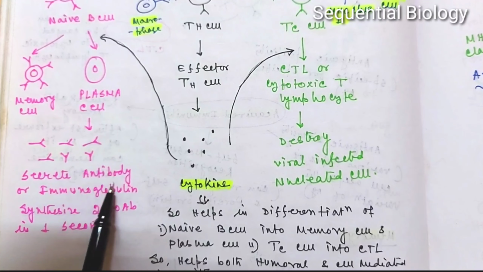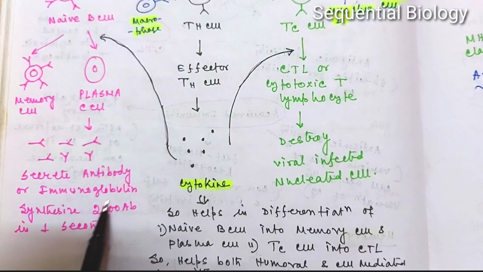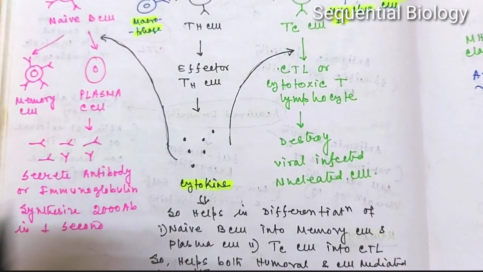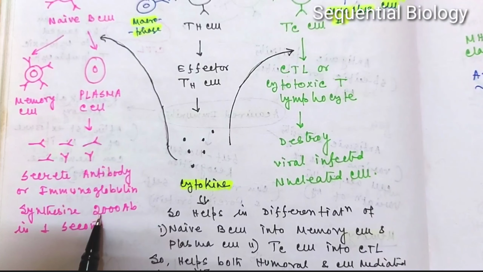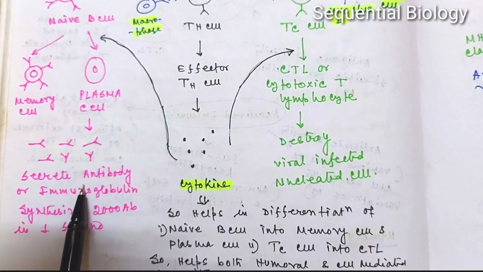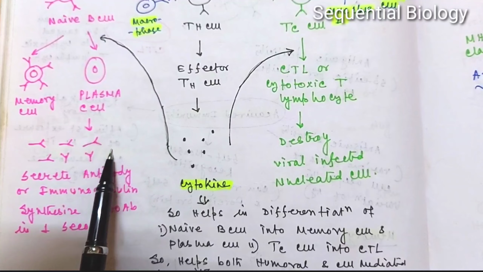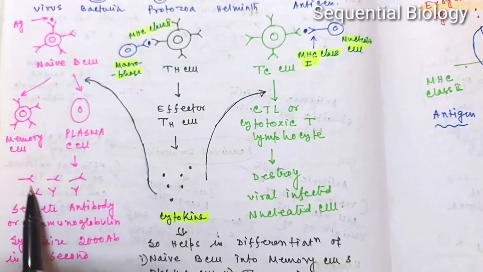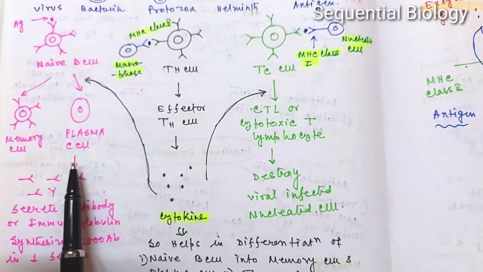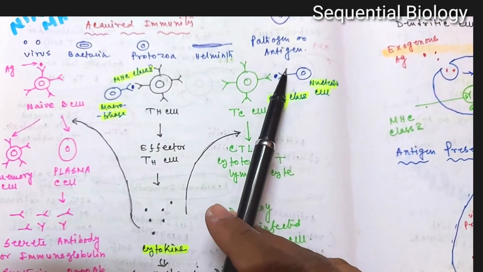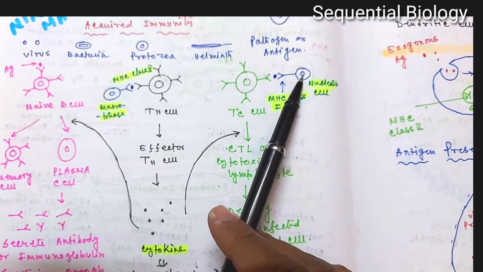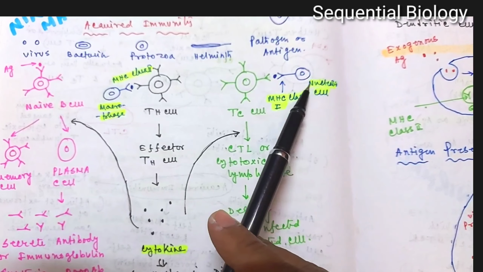The plasma cell secretes the antibody or immunoglobulin, and a plasma cell can secrete almost 2000 antibodies per second. So this is very powerful. This causes the clearance of these pathogenic microorganisms, and this line of defense is known as humoral immunity.